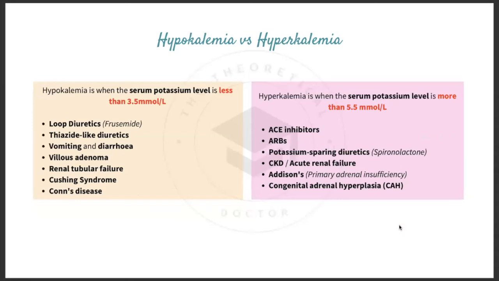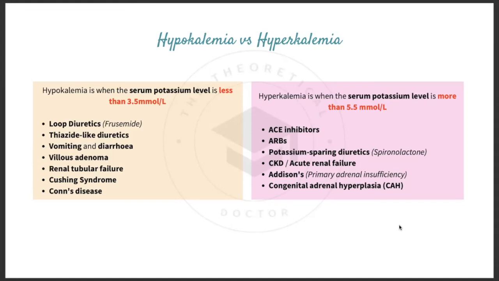There are a few causes that's good to know. Okay, it's important to know actually. For hypokalemia, like I said, the most common cause would be loop diuretics and thiazide-like diuretics. But it can also be caused by vomiting and diarrhea, villus adenoma, renal tubular failure, Cushing syndrome, and Conn's disease.